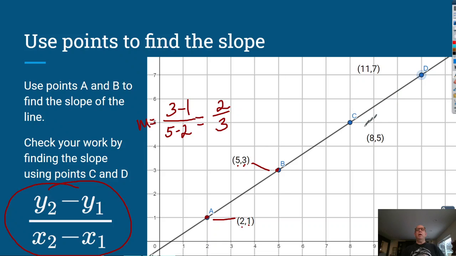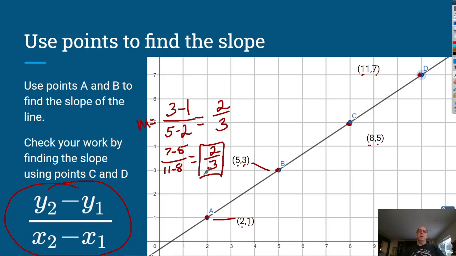Now I can pick any other two points on this line and I should get the same slope. So I'm going to try C and D. So this is X1, Y1, X2, Y2. So I'm going to subtract 7 minus 5, and I'm going to subtract 11 minus 8. And 7 minus 5 is 2. And 11 minus 8 is 3.